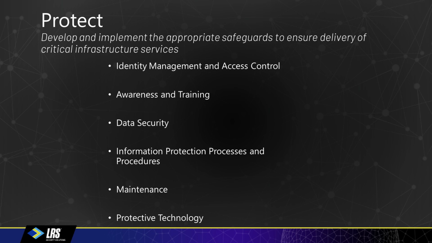They've taken that look through the lens of the CIA triad, and we're out to protect information systems and document the subcategories accordingly. The tagline here, from NIST themselves: develop and implement the appropriate safeguards to ensure delivery of critical infrastructure services. I like to draw attention to develop and implement.